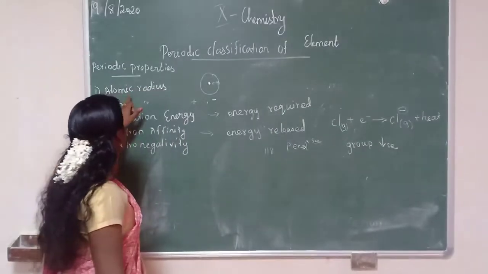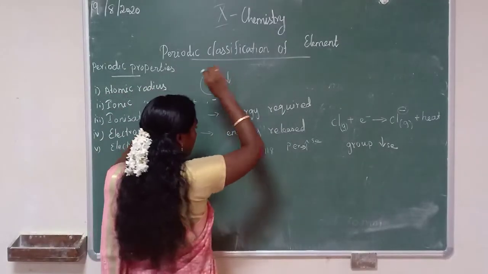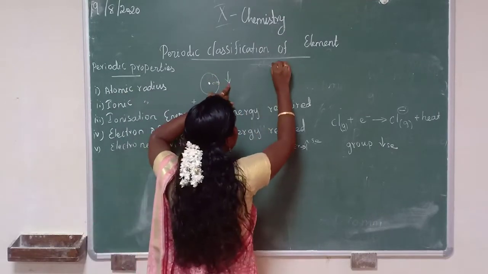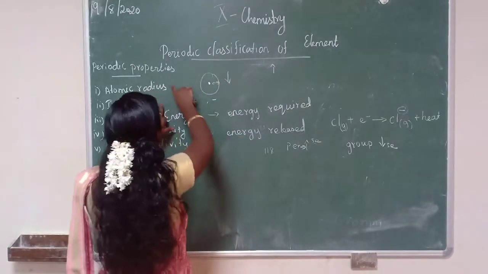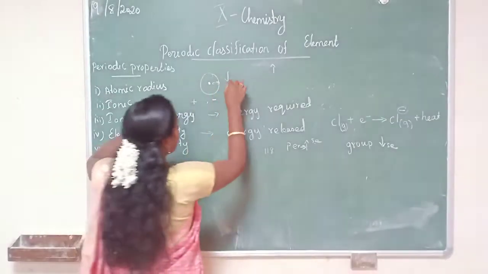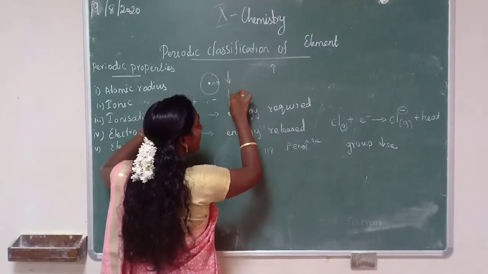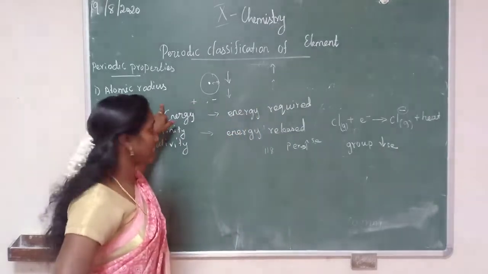Here what we discussed: in a period, atomic radius decreases. In groups, atomic radius increases. Then ionic radius is also the same as atomic radius. In periods, ionic radius decreases. In groups, ionic radius increases.